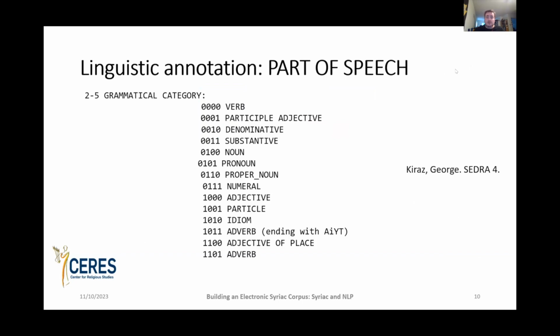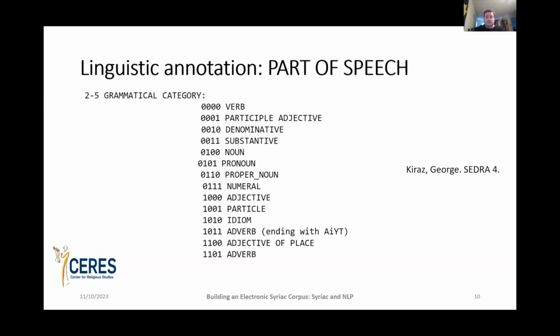So there have been so far 2 attempts to classify or assign part of speech to Syriac words. This is attempt number 1. Again, the same Kiraz guy. I don't know who that is, but he seems to show up a lot in these things.